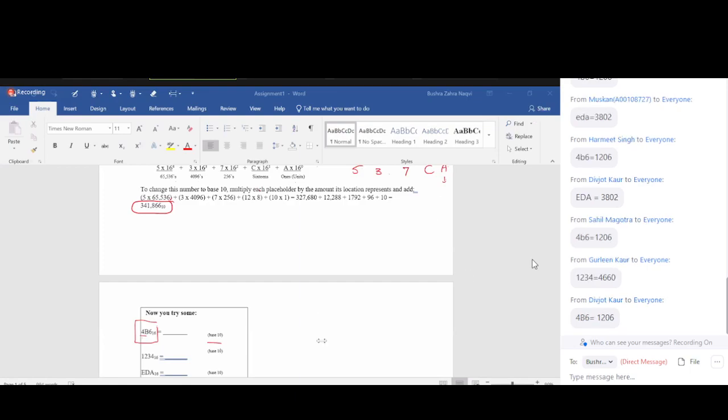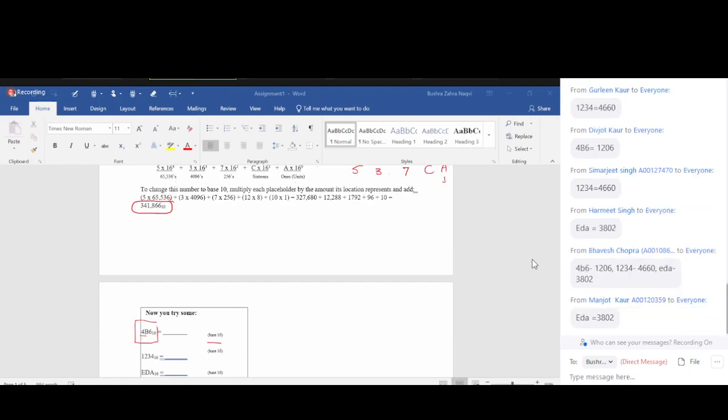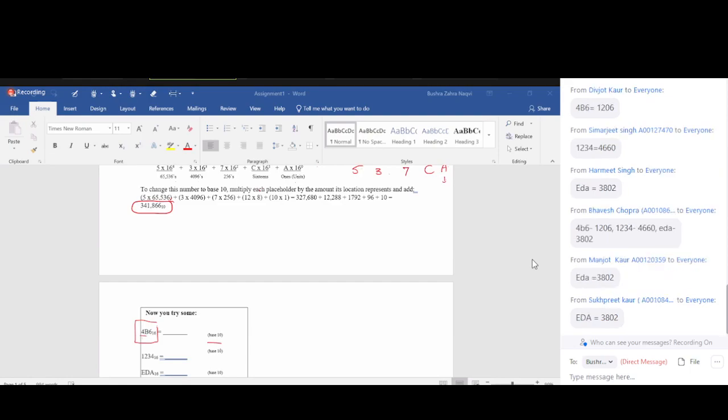I would say write it down in a way like 4B6 is equal to what? 1234 is equal to what? EDA equals to.